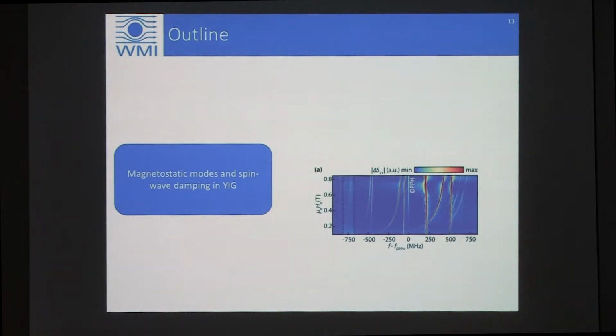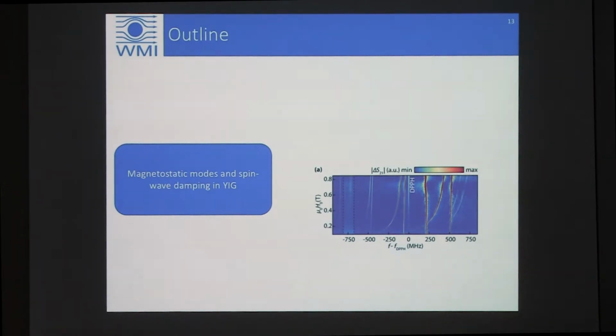A ton of it has been done in the 1960s, but what we're adding to the old studies is in particular that we now have this broadband magnetic resonance spectroscopy tool and not cavities which operate at a fixed frequency. So we are in a position where we can learn about damping and not only about line width.